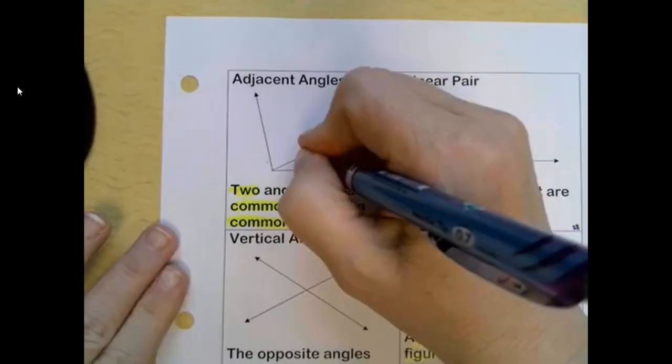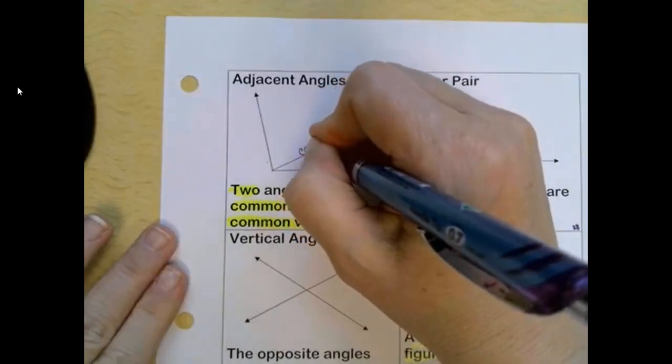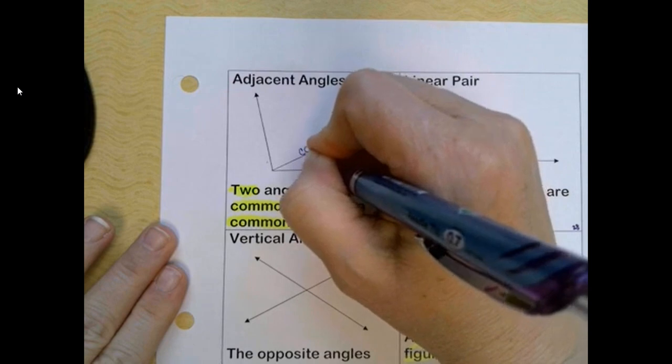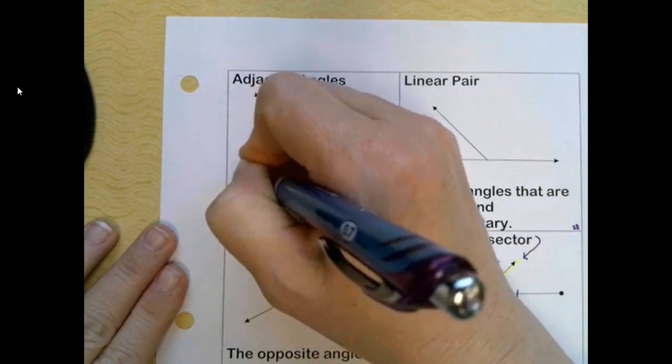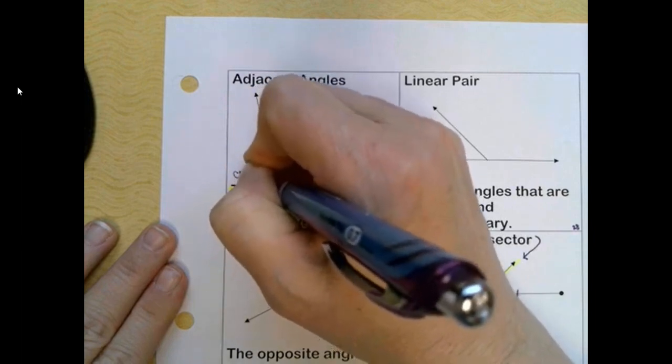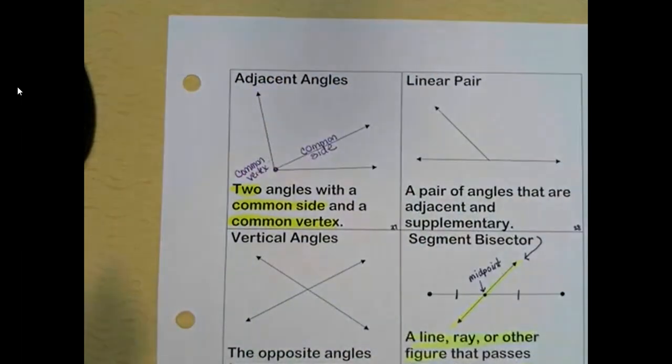So I have 2 angles. This is their common side, and this is their common vertex. That's their common side, that's their common vertex.